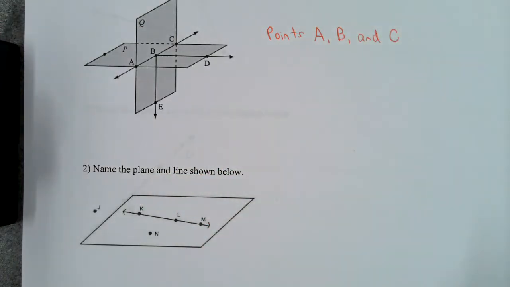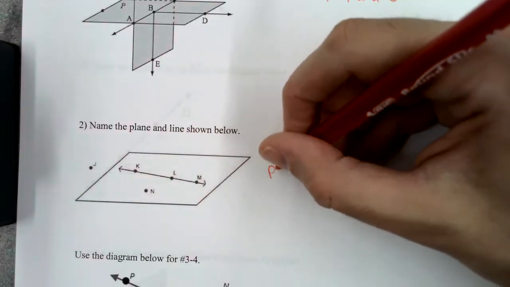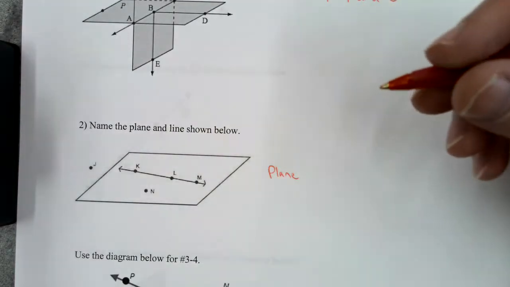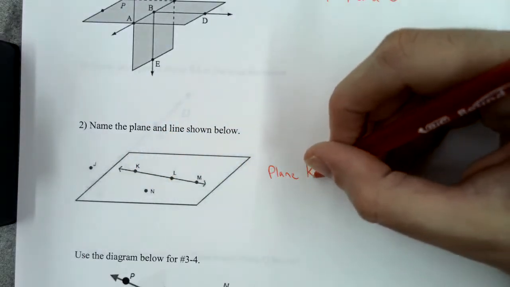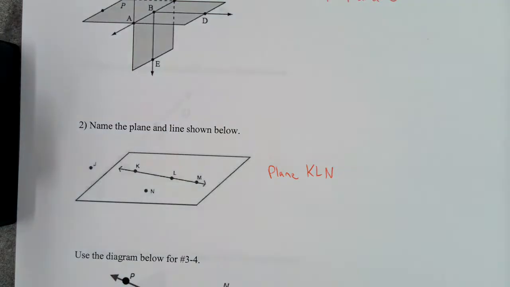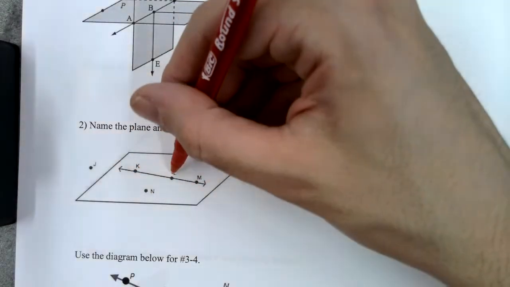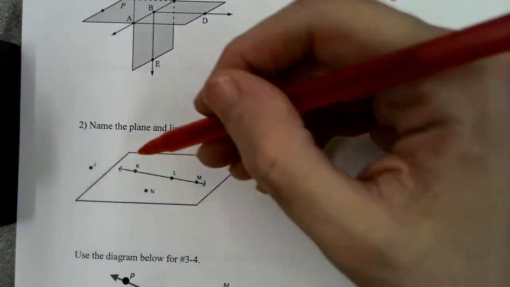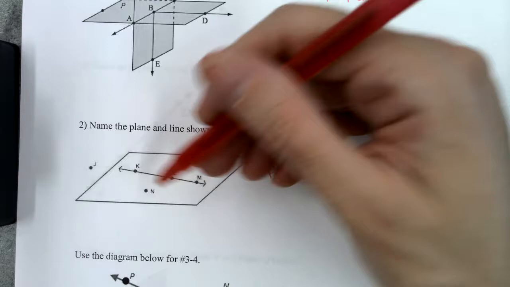You have to name it with 3 points that are not on the same line. So for example, you have to write out the word plane, and I'm going to go with KLN. That's not the only possible answer. You could say KMN, LMN. Just make sure the 3 points you choose out of these are not on the same line.